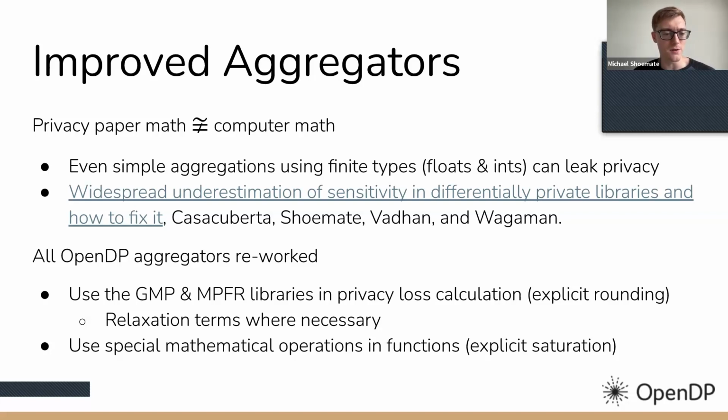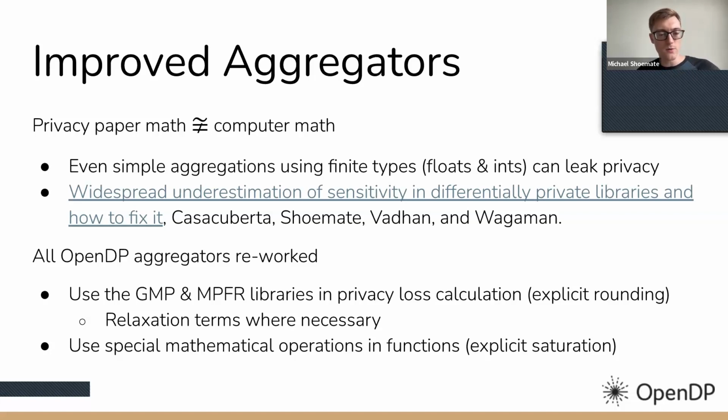And so we've reworked all the aggregators in the library so that they're immune from floating point vulnerabilities, as well as any other kind of vulnerability involved with finite data types. And this works on both the function and the privacy and stability maps.